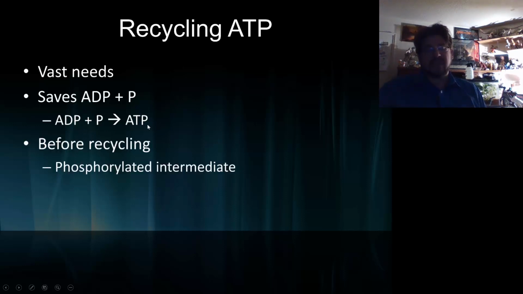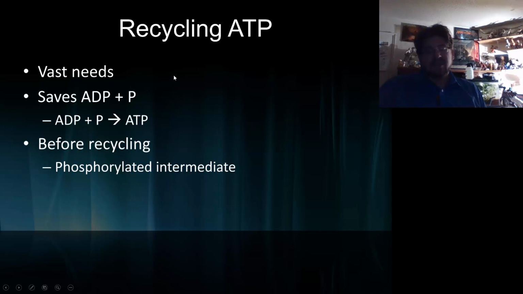So before recycling, that phosphate group binds to whatever does the work. I said that in the Chapter 7 Lecture 2, but I can't say it enough. When we cleave off the phosphate and release work energy, the phosphate binds to whatever's doing the work. And the work is done, and then the phosphate is released.